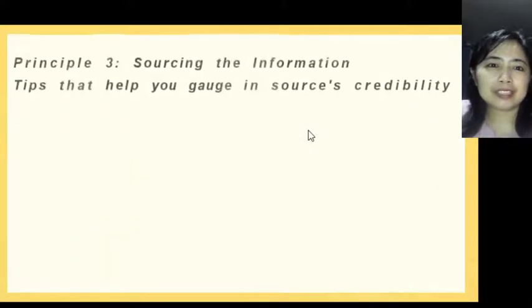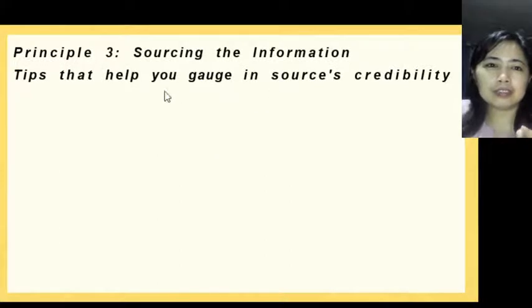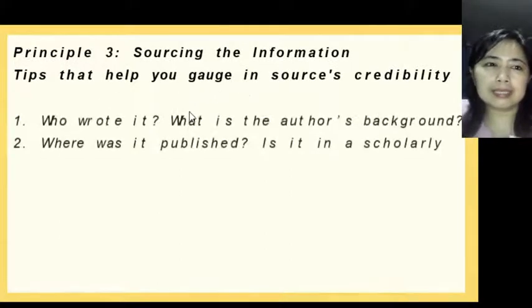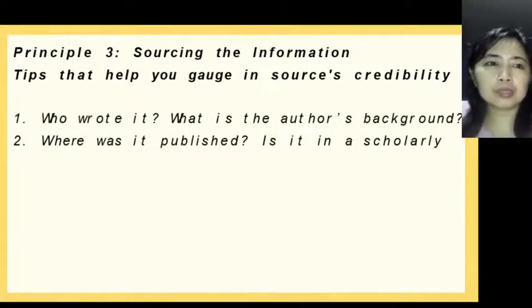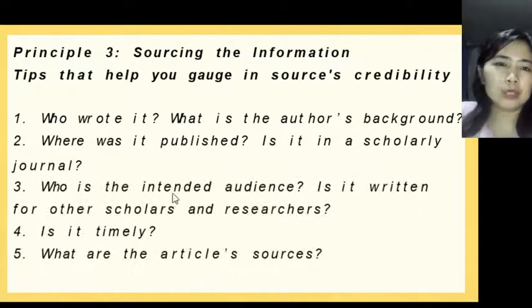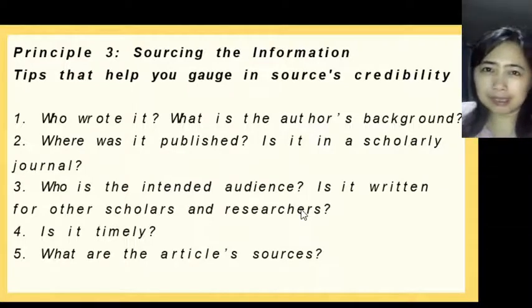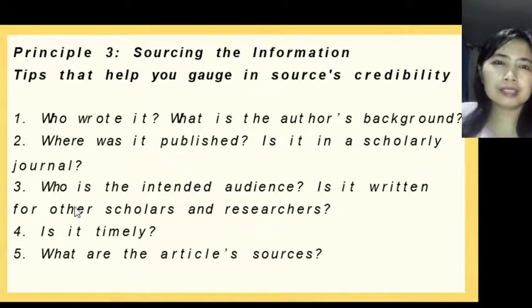Next, for the sourcing, we have here information tips that can help you gauge a source's credibility. You have to answer questions like: who wrote it, what is the author's background, where was it published, is it in a scholarly journal, who is the intended audience? Is it for grade 11, the same as my audience, or is it written for other scholars and researchers?